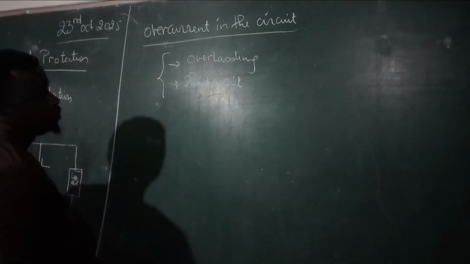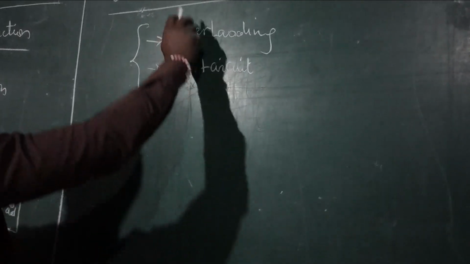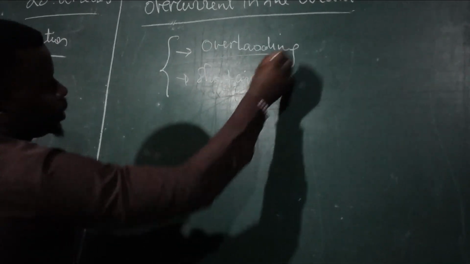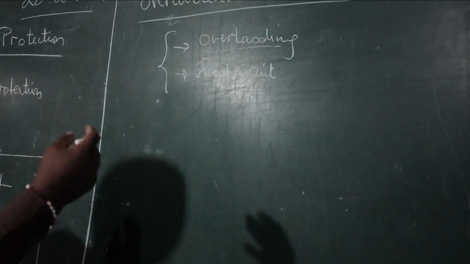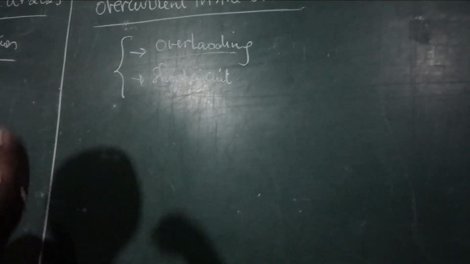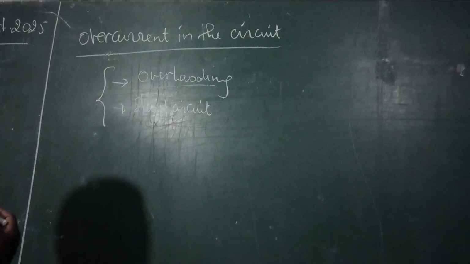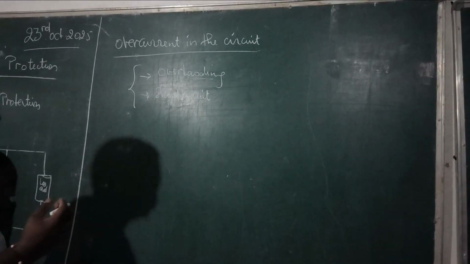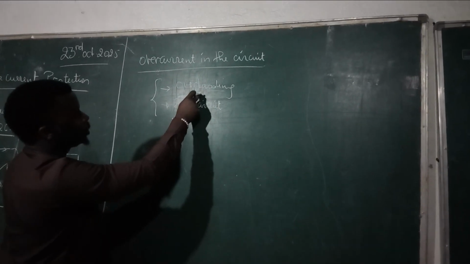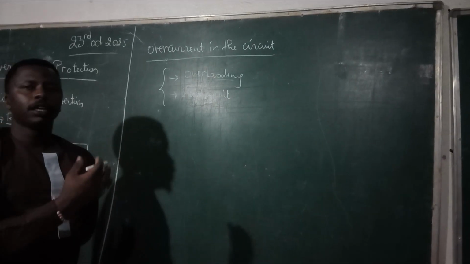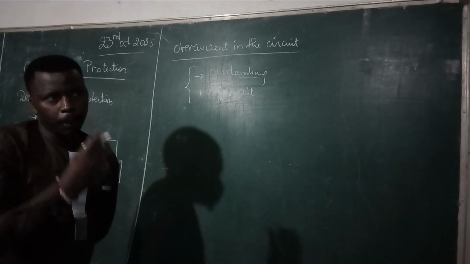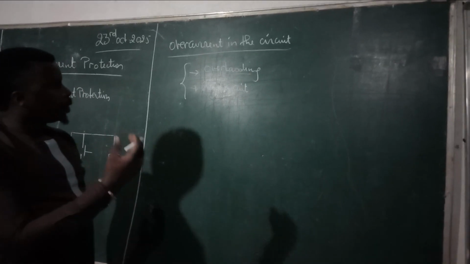Now, overcurrent may come from overloading. This is when you plug in a lot of appliances, greater than what the circuit can handle. So we need to protect the circuit to a certain limit, to avoid the insulation of the cable burning or getting damaged.